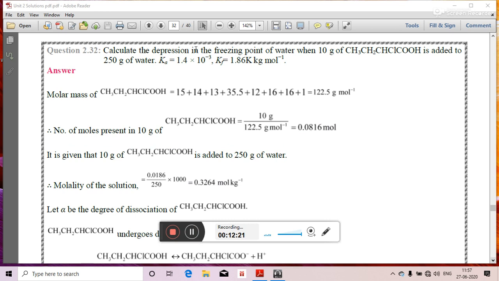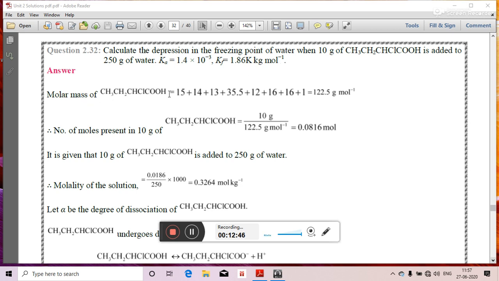Now question number 32 is: calculate the depression in freezing point of water when 10 gram of CH3CH2CHClCOOH is added to 250 gram of water. Ka is equal to 1.4 into 10 raised to minus 3, Kf is equal to 1.86 Kelvin kilogram per mole.